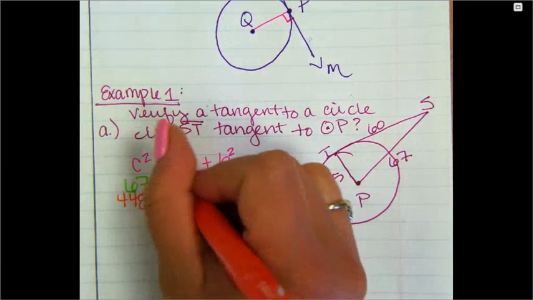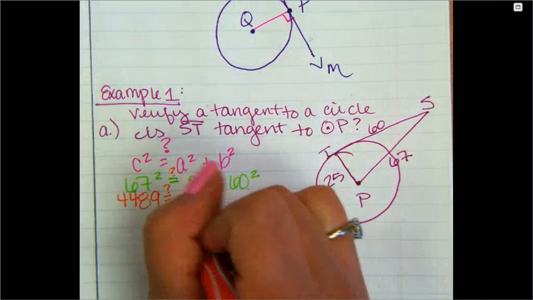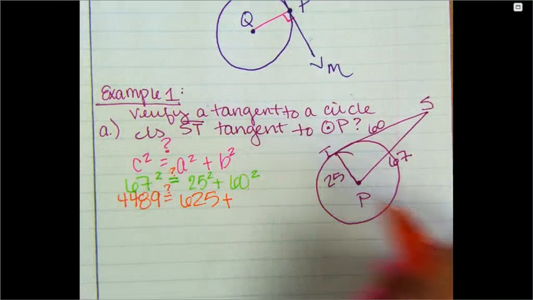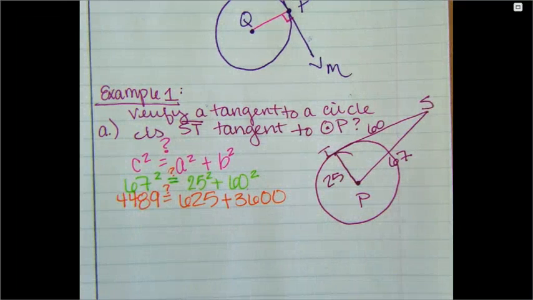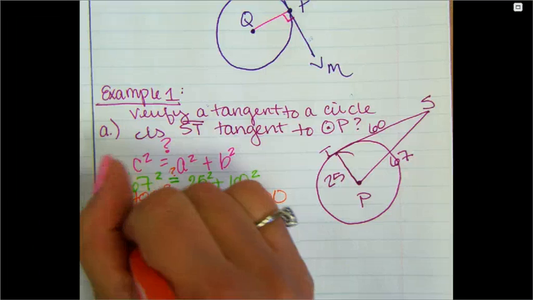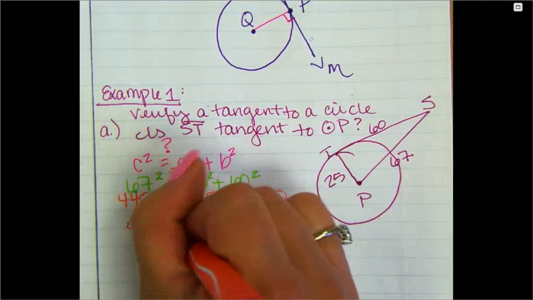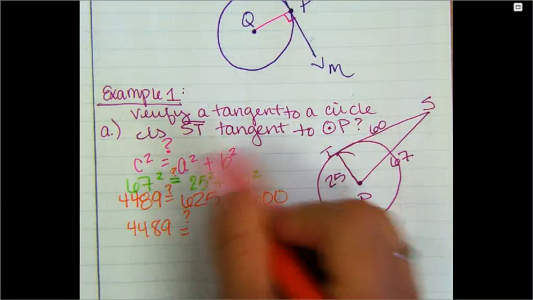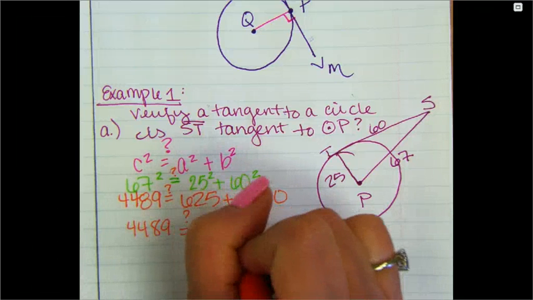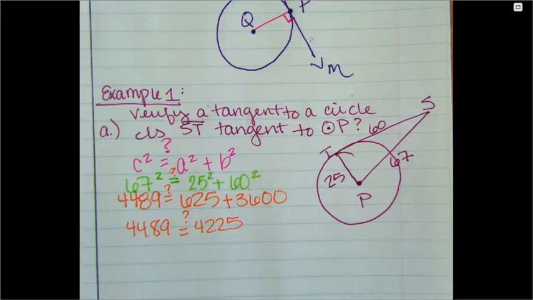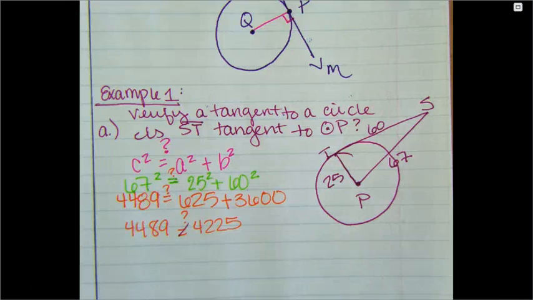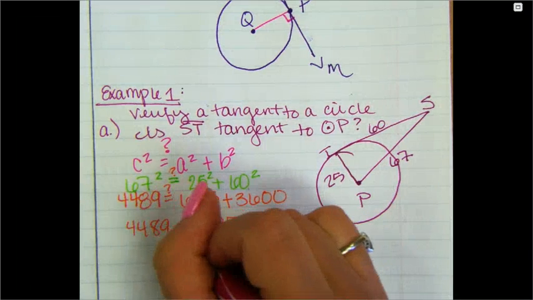We still have a question mark. What's 25 squared? Good, I already knew that. 60 squared? 3,600. What do you do with those two numbers? Add them. So I'm still asking myself, is it equal? What do you get when you add? 4,225. Is it equal to 4,489? Do you have a tangent? Nope. Not a tangent.